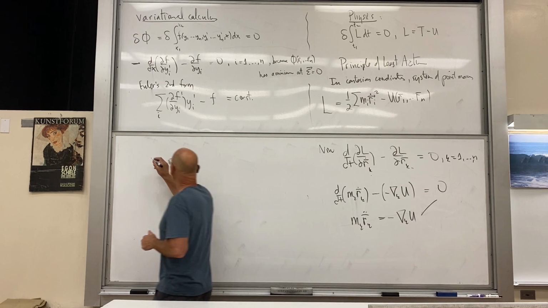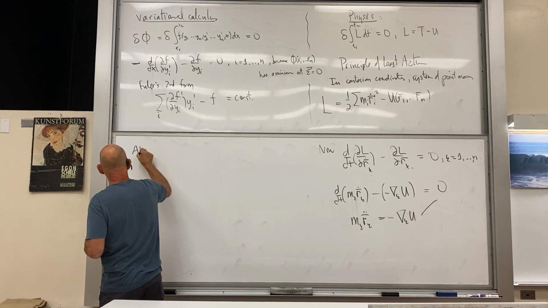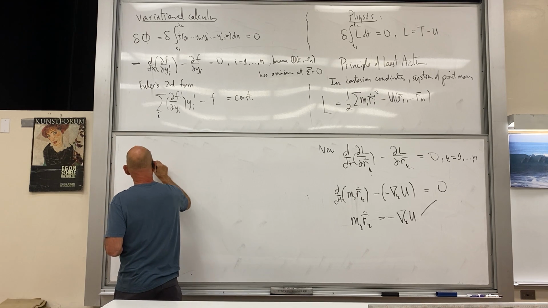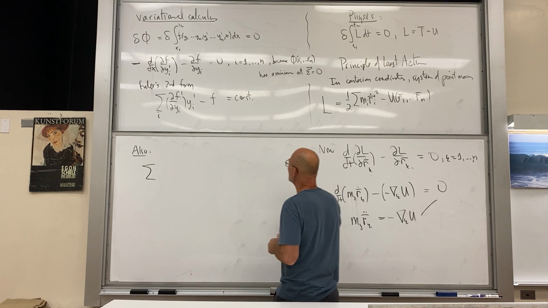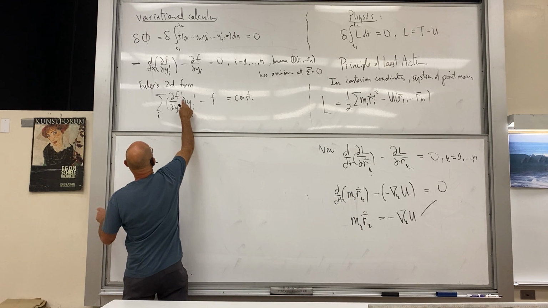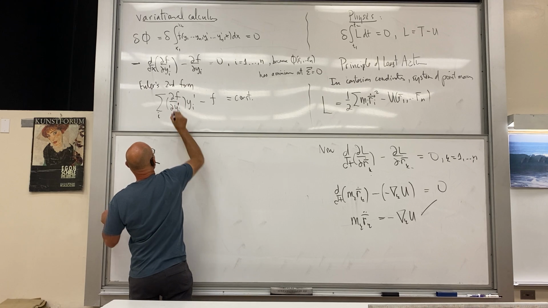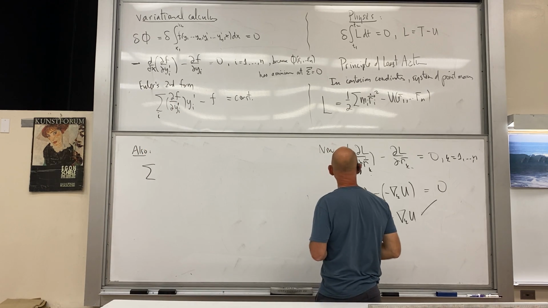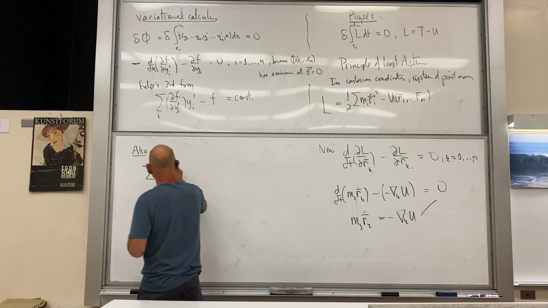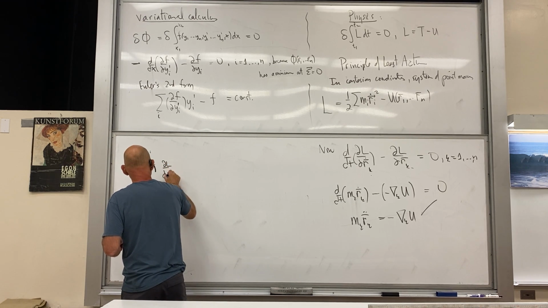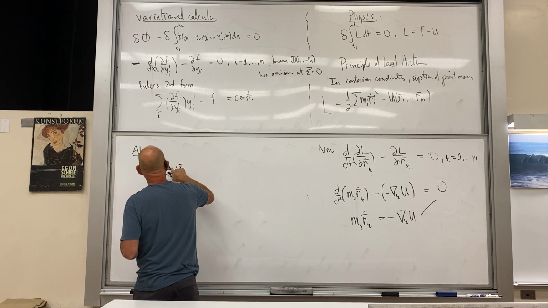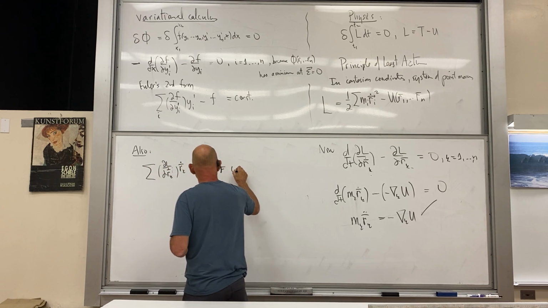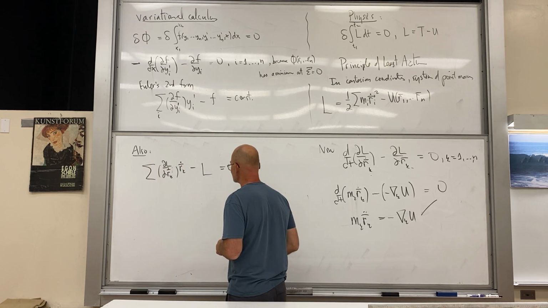Also, if we're going to translate this thing here, we have the sum of partial L partial r sub k prime, r sub k dot minus L is equal to constant.